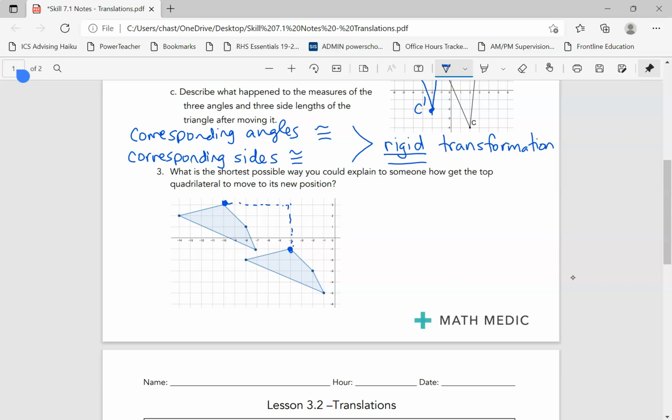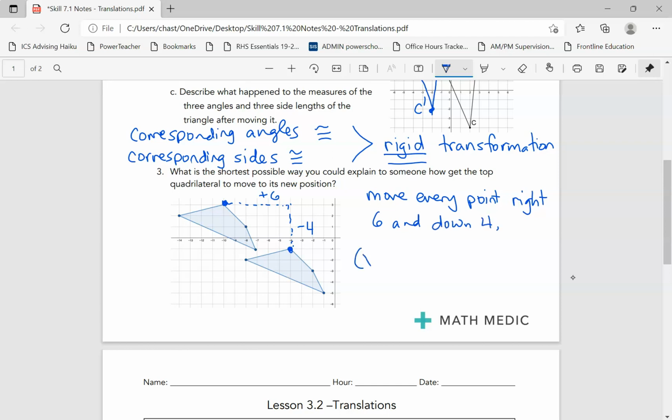It looks like we went 1, 2, 3, 4, 5, 6 to the right, so that's a +6. And then we went down 1, 2, 3, 4, so -4. So you move every point right 6, and down 4.